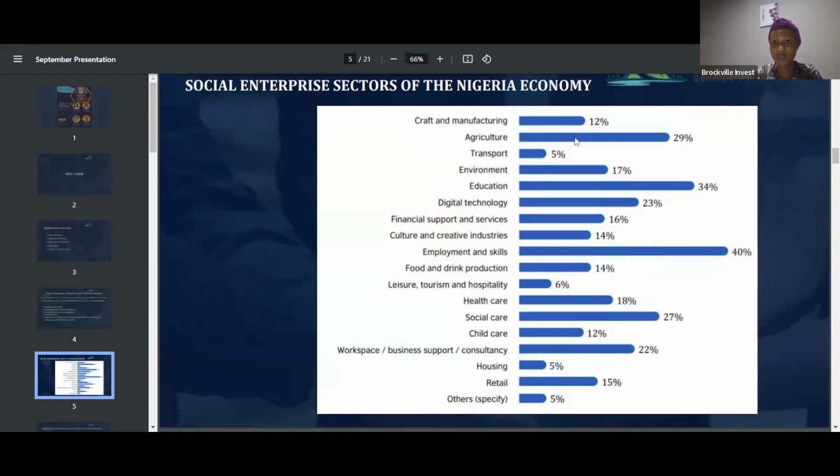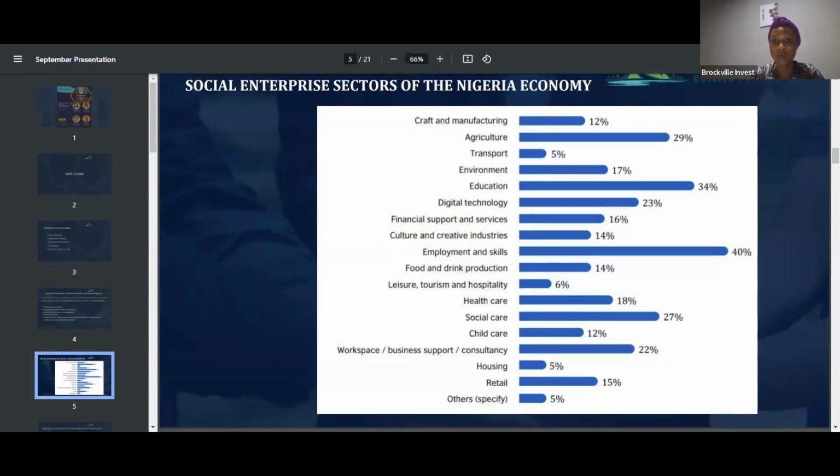This survey was carried out sometime around 2020, and the percentage of social enterprise funding in each sector is displayed on the screen. We have craft and manufacturing, agriculture, transport, environment, education, digital technology, financial support and services, culture and creativity industries, down to housing, childcare, social care, and healthcare.